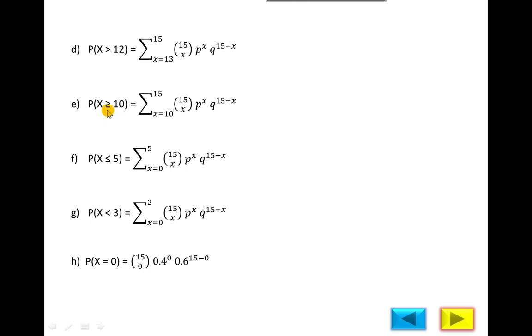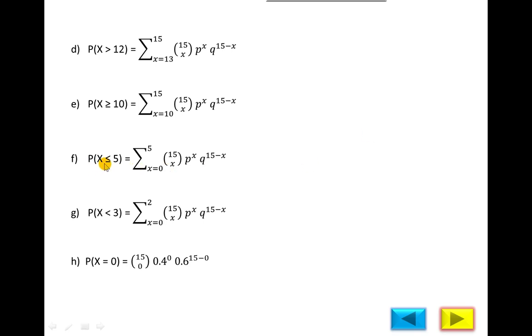At least 10, minimum 10, but not less than 10, maybe more than 10. So 10 and above, 10 to 15, substitute one by one. First substitute 10, then 11, 12, 13, 14 and 15. The values for 13, 14, 15 are given in the previous part. You can use them in this part.